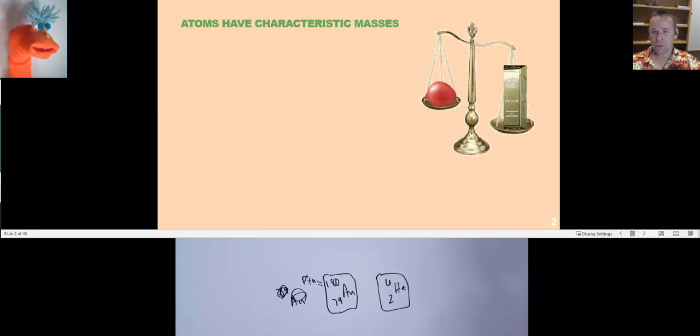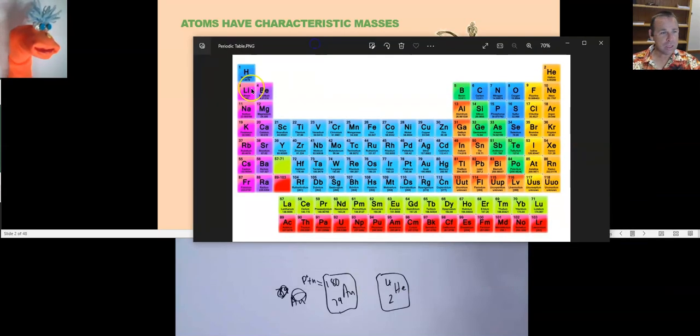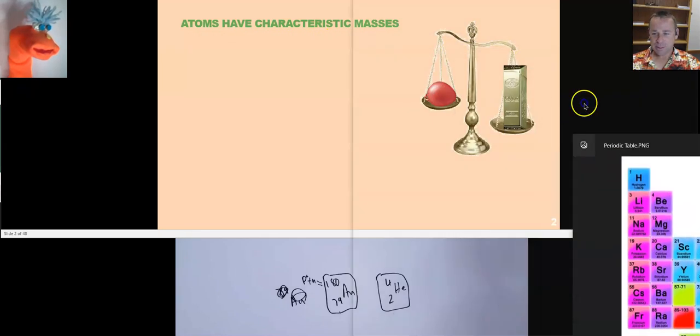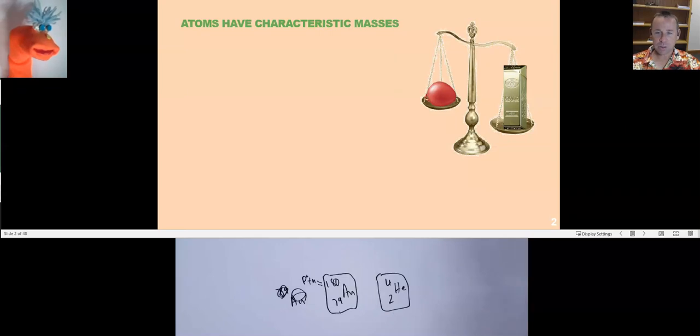Now, we've always called those masses units. And it's been relative to the lightest thing, which is hydrogen. And that's how the periodic table started. They found the lightest, and all of these masses were identified in terms of how many times heavier they were than the lightest thing, which was hydrogen.